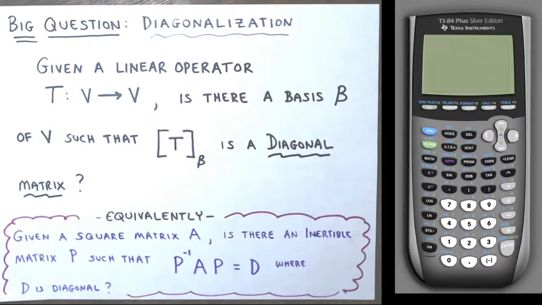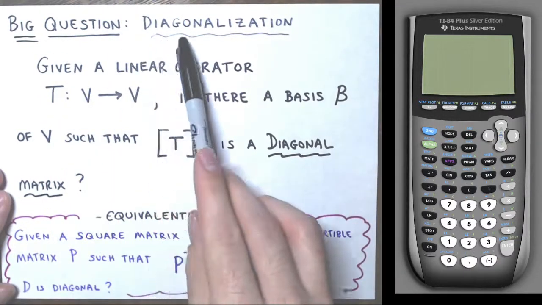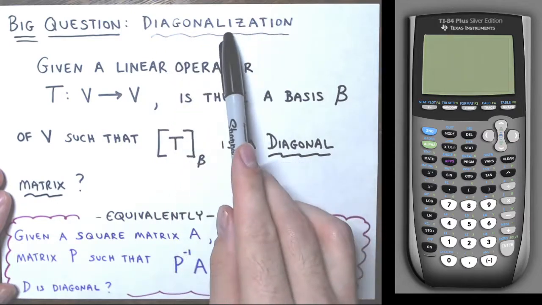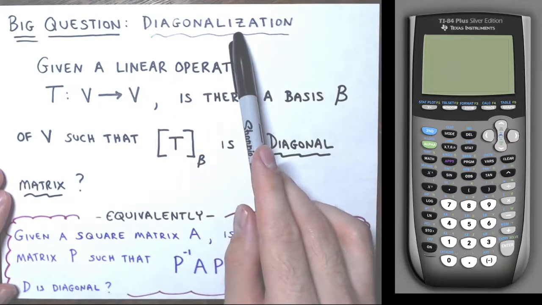And then this big question arose. This is the same page as from the end of my last video right here, and I asked a big question that leads me into this video. I didn't have this word here last time, but this is basically called the diagonalization problem.